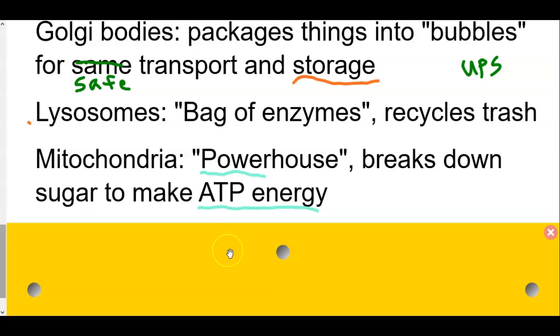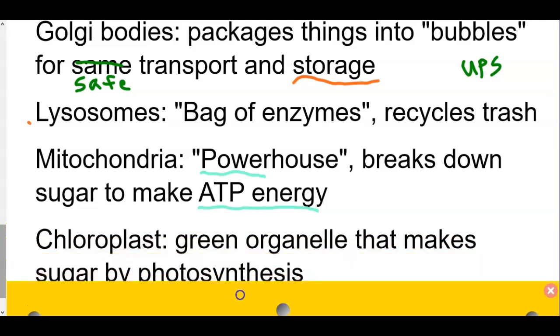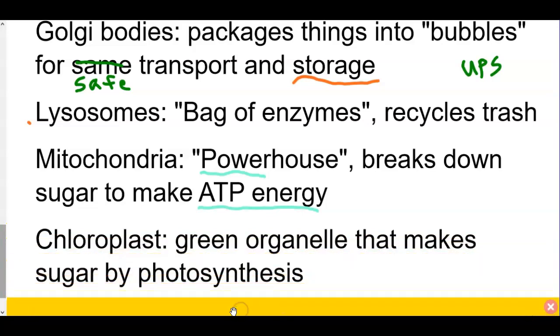All right, now I'm going to show you the next one too, because the next one kind of goes hand in hand. And then we'll draw these guys kind of side by side. A chloroplast is green. So that's why we haven't used the color green in our picture yet, because we were saving green for this guy. And chloroplasts are what makes the sugar.